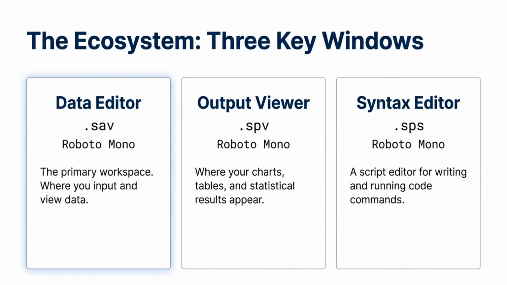The extension is .spv, where you create your result, charts, tables, and statistical results. The third one is syntax editor. The extension is .sps, a script editor for writing and running code commands.